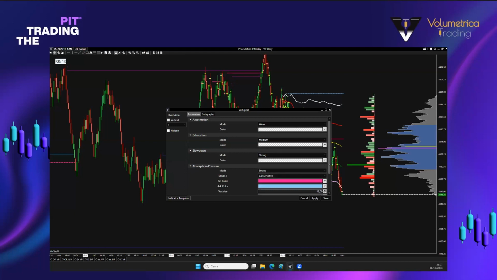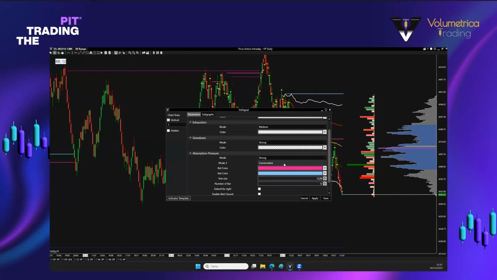You can also decide if you want to set it in the weak, medium, or strong mode, both for absorption and for pressure as well. In this case, the first mode regards absorption and the second one regards the pressure. In my case, I've decided to set them both strong and conservative rather than aggressive and medium.